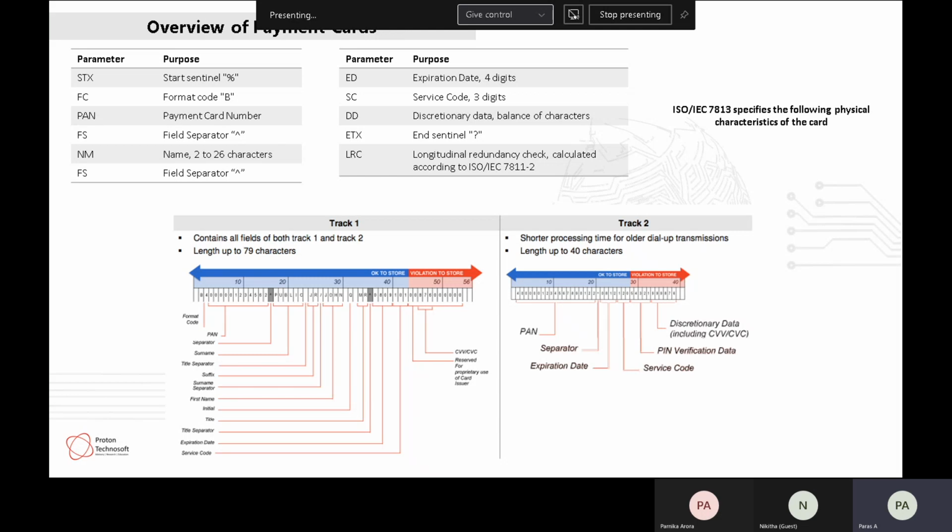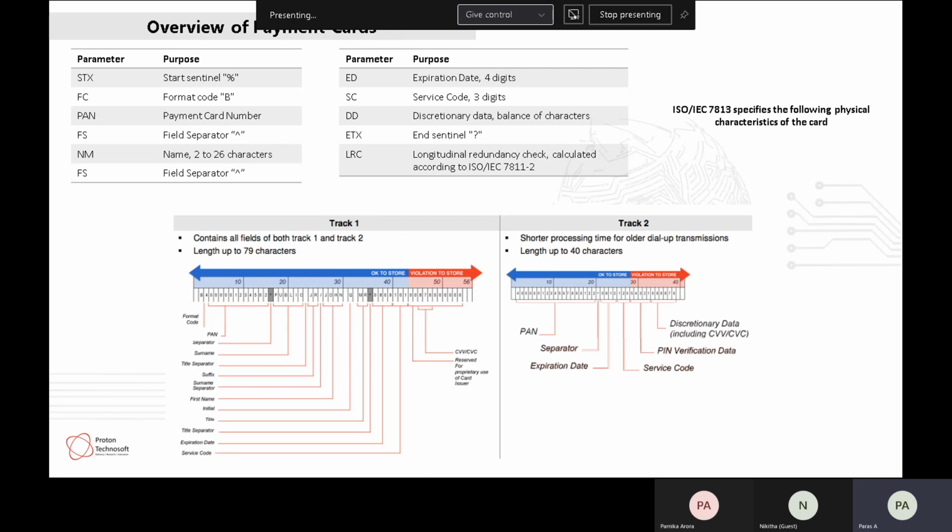Again, we have a field separator as a caret symbol. Then we have 4 digits for the expiration date, in YYMM format. Then we have 3 digits, which is the service code. This service code belongs to a bank, an acquirer or an issuer. So these 3 digits are reserved for the service code from a bank perspective.